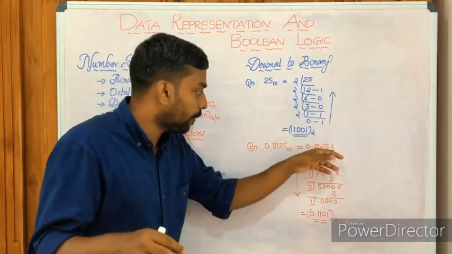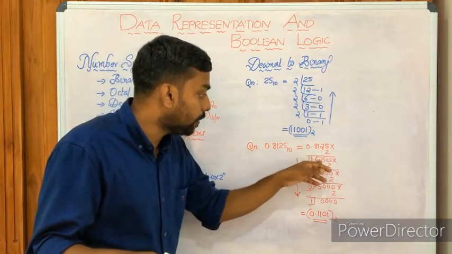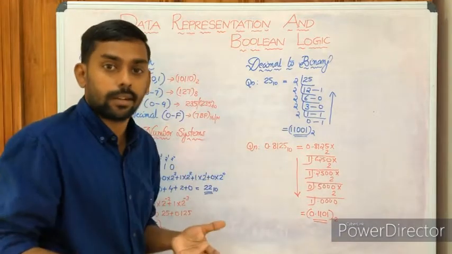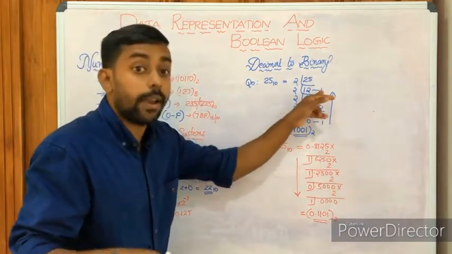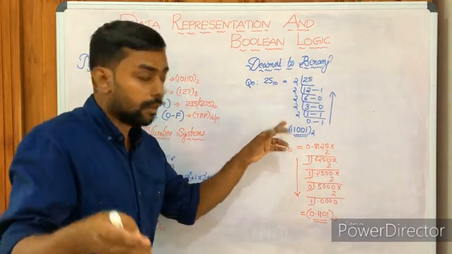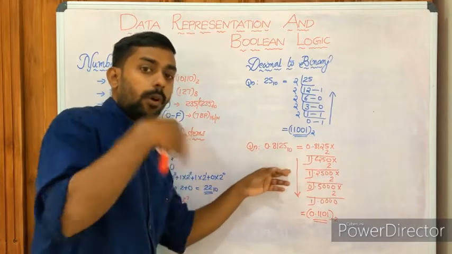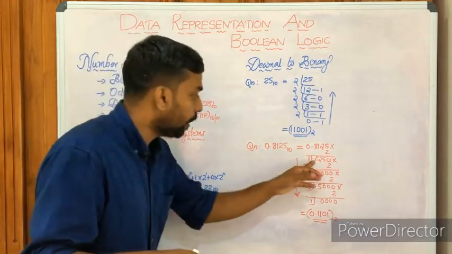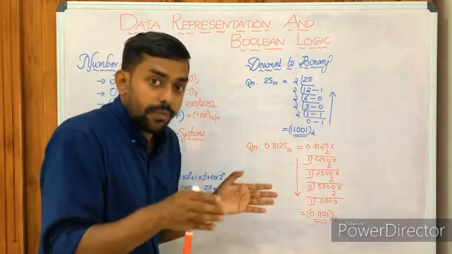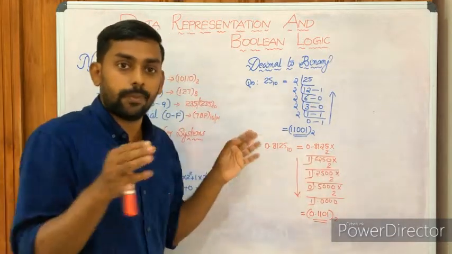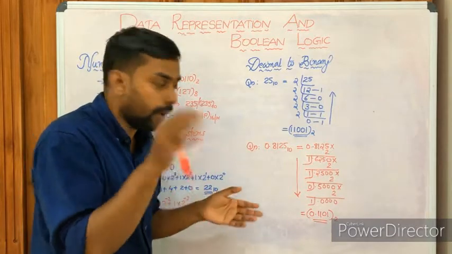0.8125 into 2, we get 1.6250. We take this 1 out for the answer, just as we took the remainder for the answer before. Here we consider the whole part, the integral part, for our answer. So what remains is 0.6250.